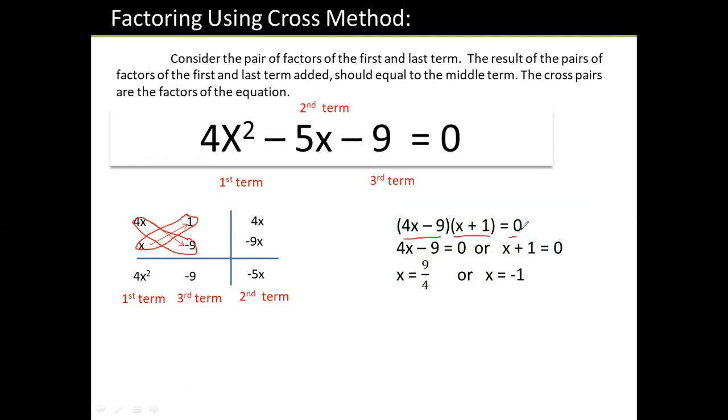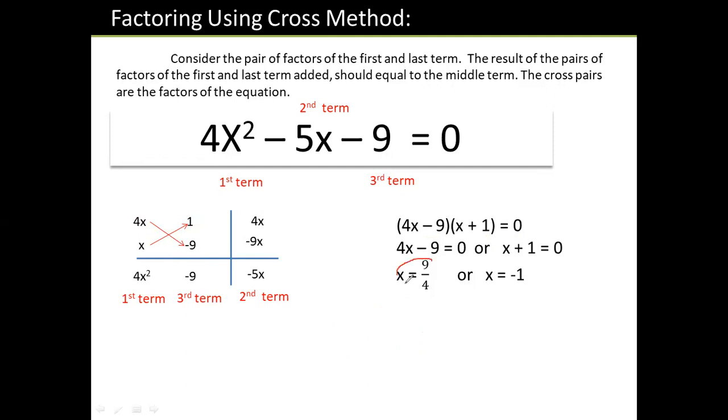Solving it out. 4x minus 9 equals 0, or transpose. Okay, how is it done again? Transpose the negative 9, and when you transpose that one, that will be 4x equals positive 9. So therefore, when you simplify over 4 and over 4, x equals 9 over 4.